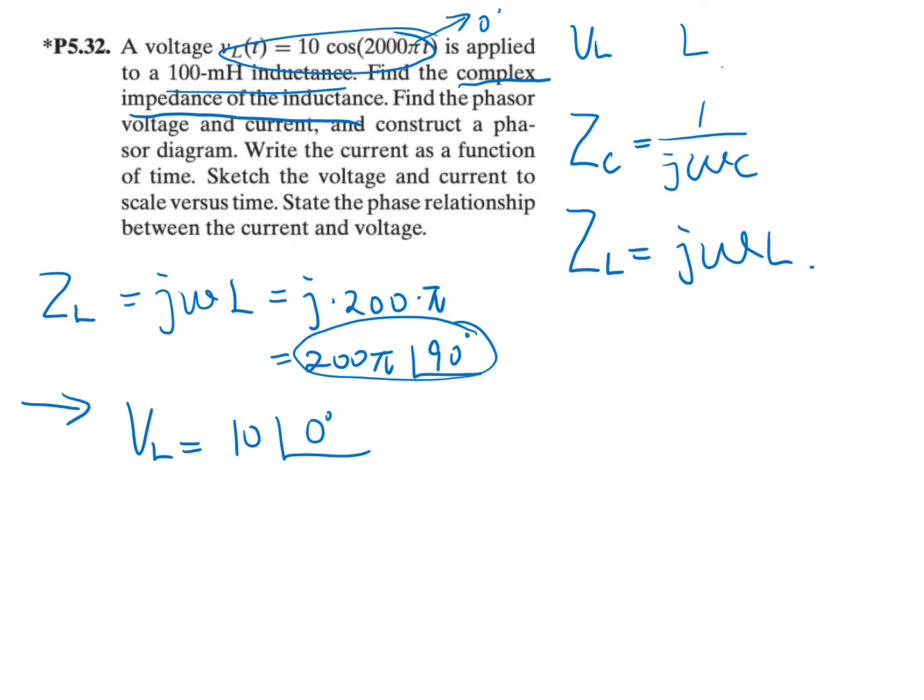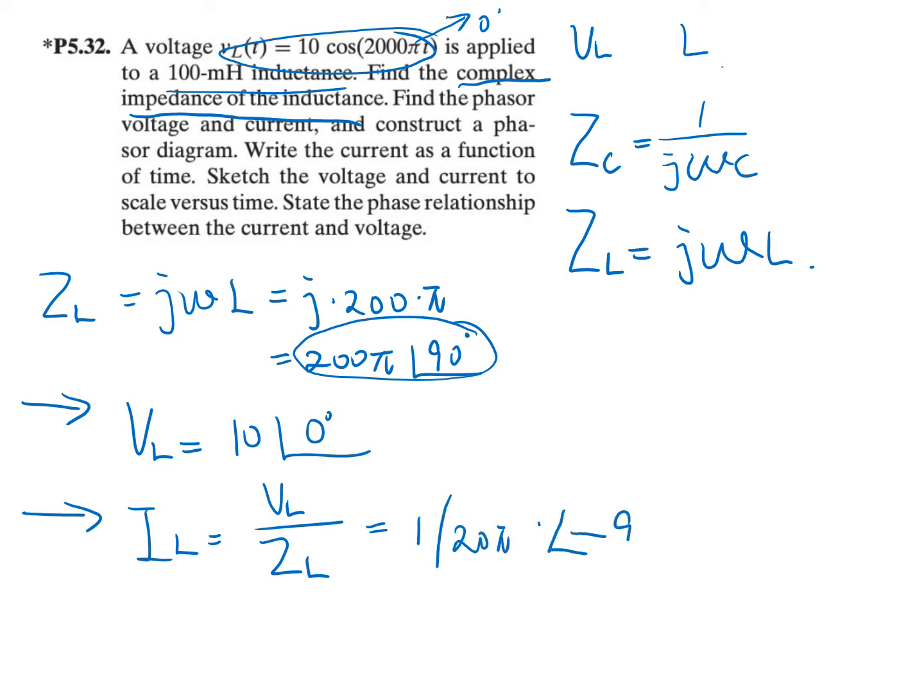Now let's find the current. To find the current for impedance, we simply apply Ohm's law. IL is VL over ZL, and substituting the numbers, you get 1 over 20 pi, angle of negative 90 degrees.